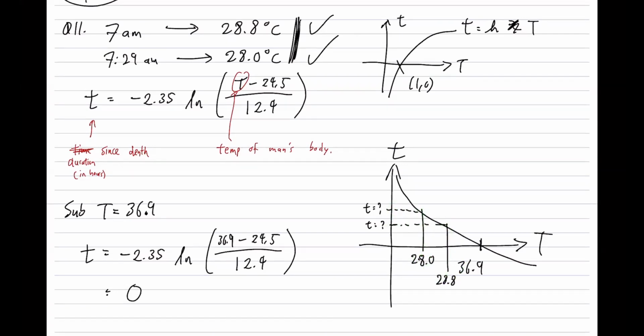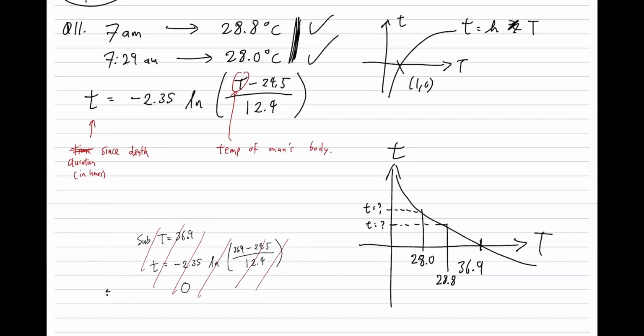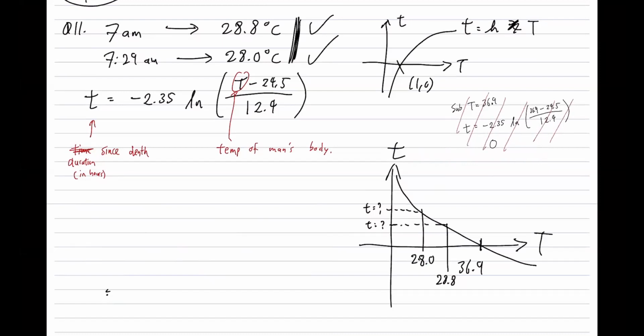So this t equals 36.9 is not that useful. Let's shrink it down and toss it aside. Instead, we substitute capital T equals 28.0. Then we see the little t.